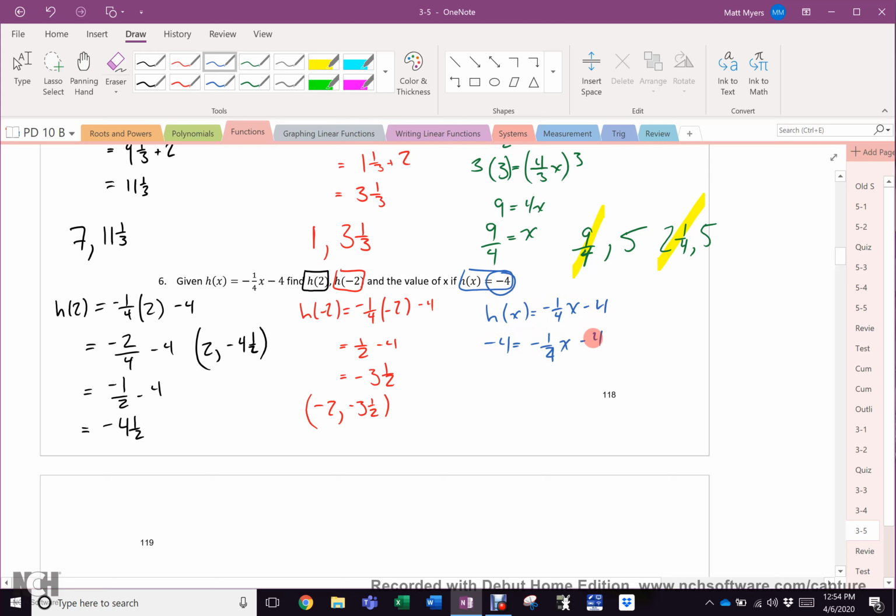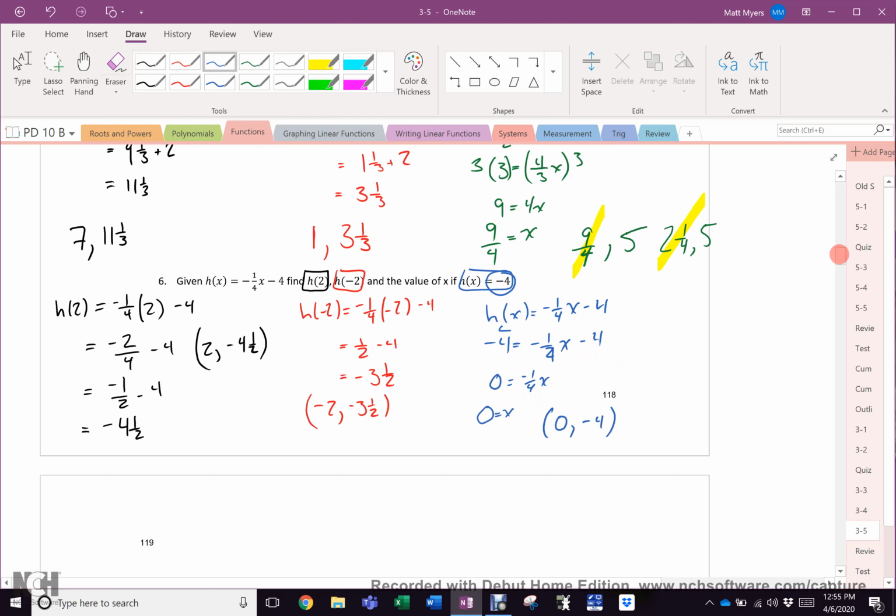So then I just solve it. Plus 4 on both sides, bring that over, or plus 4, whatever works for you. 0 equals negative 1/4 x. And then, of course, x has to equal 0. And my ordered pair is 0 and negative 4. So all of you should have been able to do that.